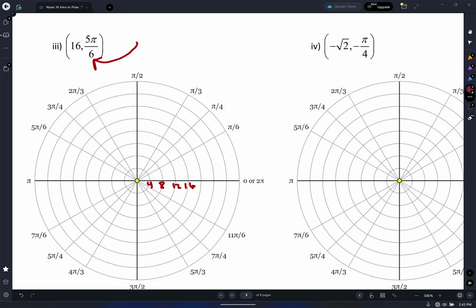Where's 5 pi over 6? Here it is. And now I look at my r, 16. So let's see, 4, 8, 12, 16. So I am right here. Yep. That point is (16, 5 pi over 6). This distance here is 16, and this angle here is 5 pi over 6.